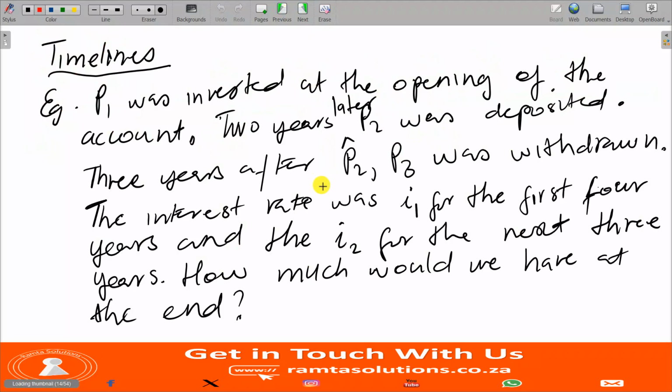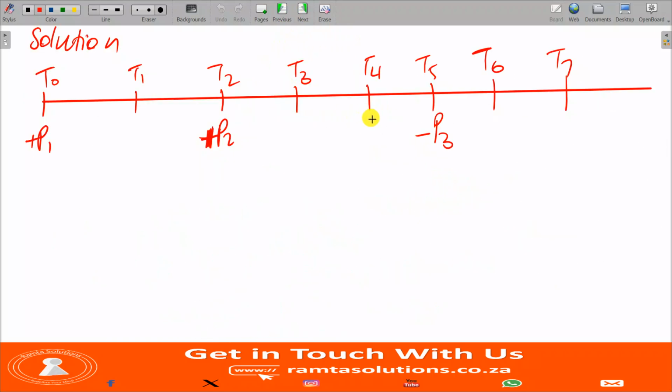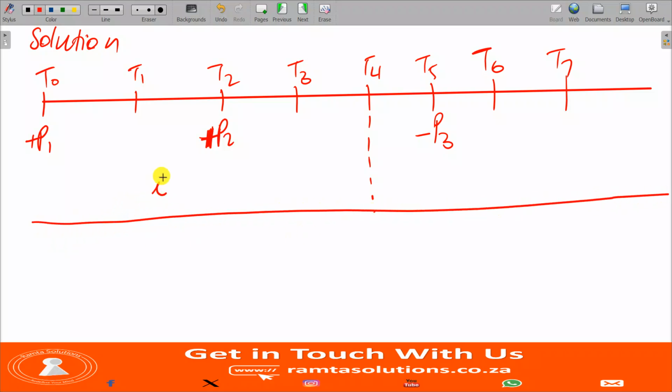Now, the interest rate was I1 for the first 4 years, so at T4 we must have those broken lines. Here you have I1 and here you have I2. This investment ends at T7.